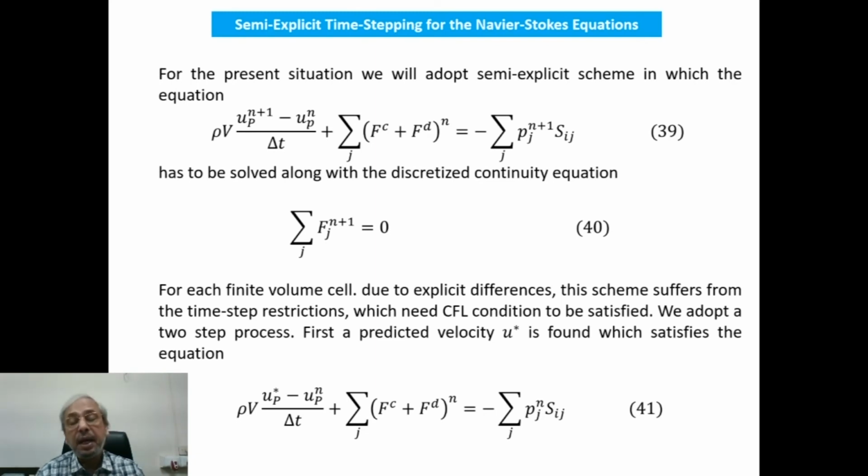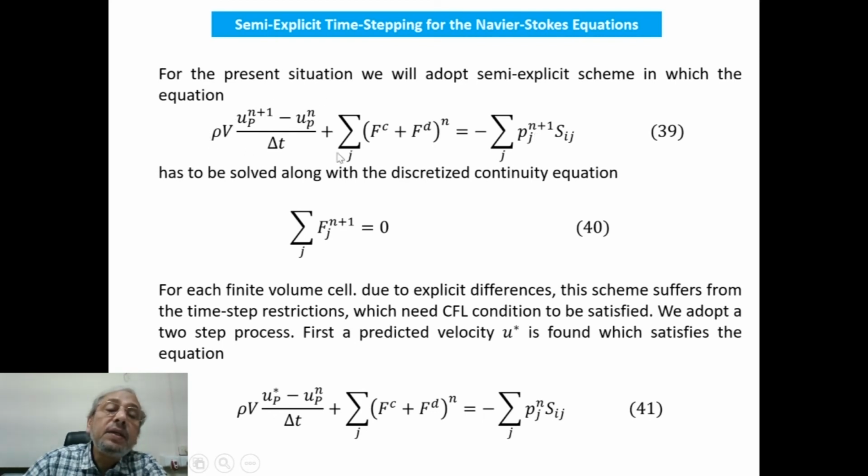Now having done that, if you look into the Navier-Stokes equations, we have evaluated the convective and diffusive fluxes at the time level n, that means at the current time level in all the cells. We have calculated the pressure terms, but for pressure also we have used the nth level pressure, whereas ideally it should have been the n plus 1th level pressure.